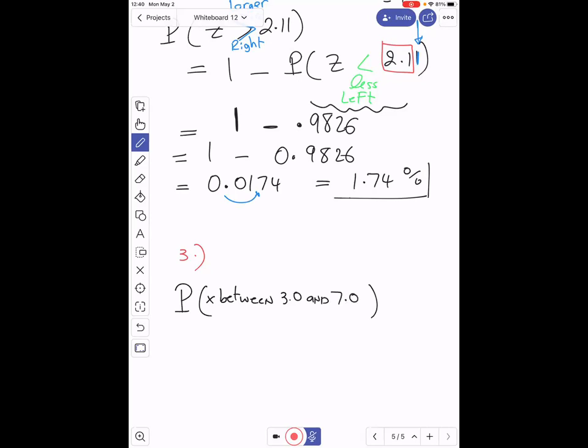That's what we want to compute. All right, so what's this? This is the probability that x is between 2 numbers, the notation would be like this. So we have 3.0 on the left and 7.0 on the right. So x is between these 2 numbers, okay?